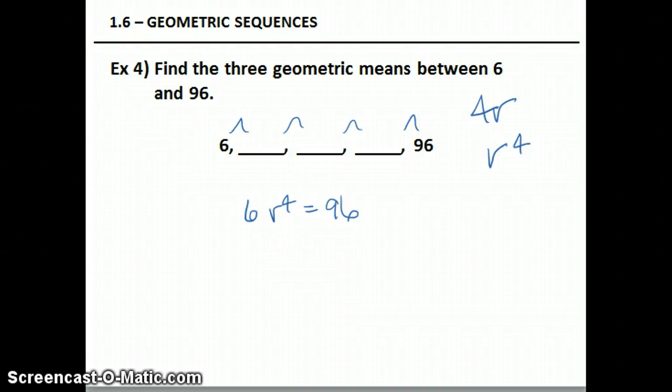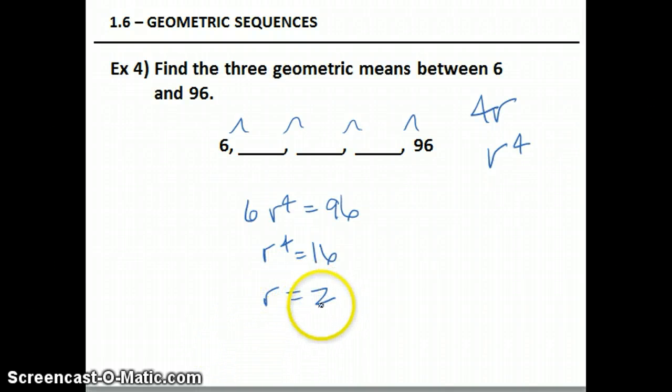So the first thing we have to do is take 96 and divide that by 6. 96 divided by 6 is 16. So then we have r to the 4th equals 16. So can we take the 4th root? Yes, there are 4 numbers that multiplied together will give us 16, and that number happens to be 2.